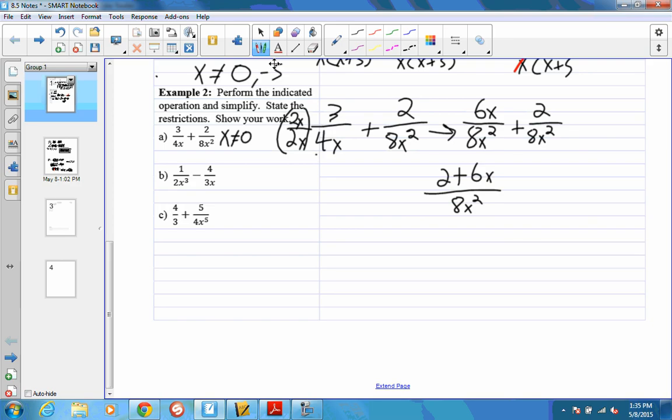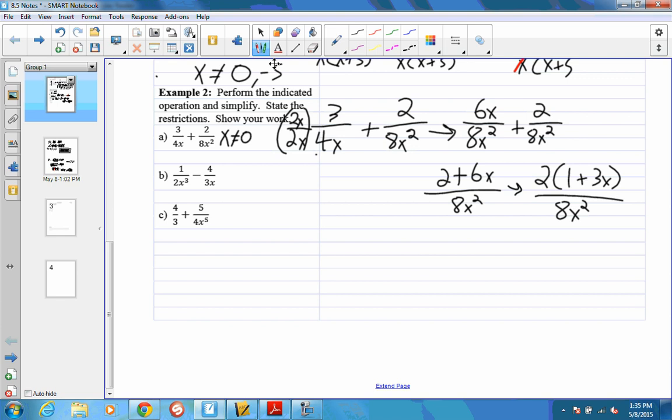I've added or everything. Factor the numerator specifically, right? Take out a 2. All right, I like that. Leaves me with what? 1 plus 3x. If you switch that to 3x plus 1 because you're like me and would rather see the 3x first, but I'll live with it here. I'm okay with that. So over 8x squared.